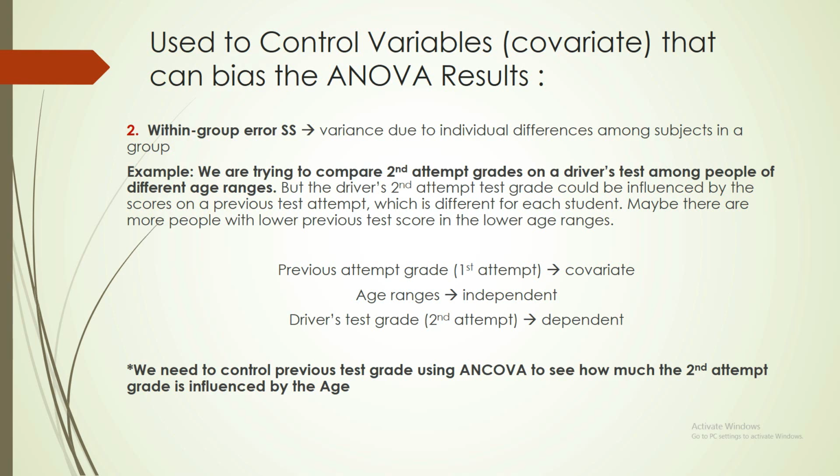But for MANCOVA, we can use the same situations. It's just that we need more than one dependent variable in order to use MANCOVA. So the situations can be the same. It's just that we need to be looking at more than just one outcome variable. And the covariate is the same.